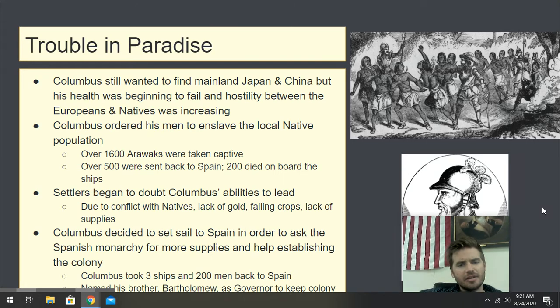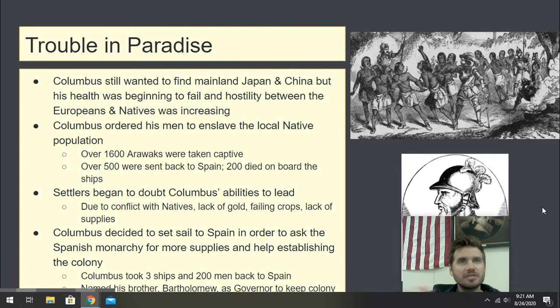During this time, the settlers are beginning to doubt Columbus's ability to lead, not only because his health is failing, but also because of the conflict with the natives, the lack of gold, the fact that they're not growing plentiful crops, and the lack of supplies.